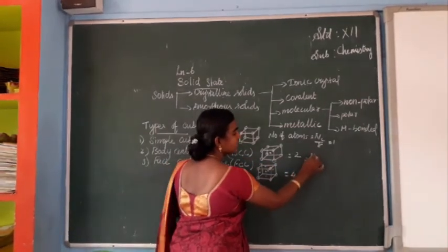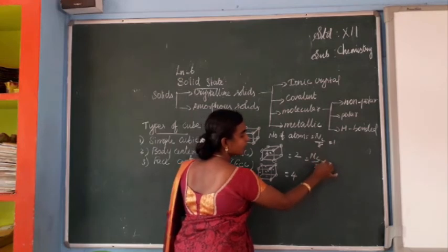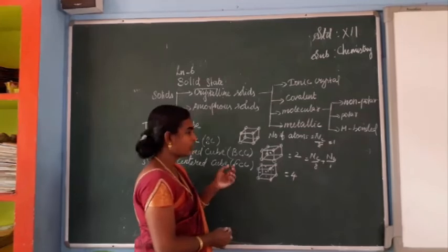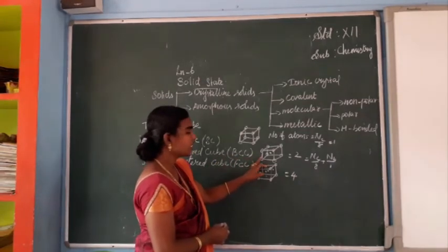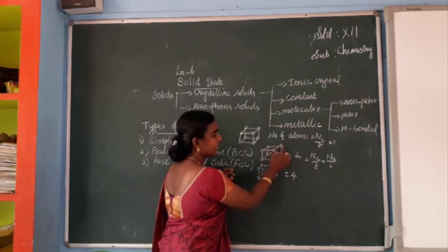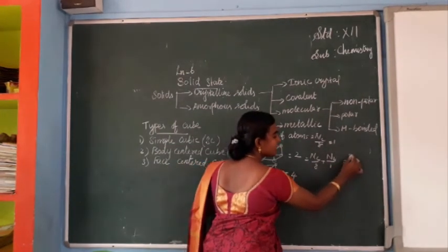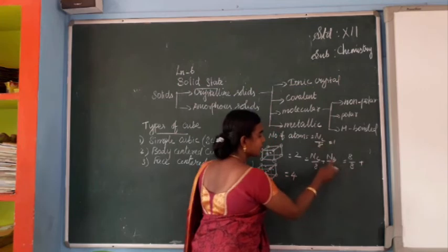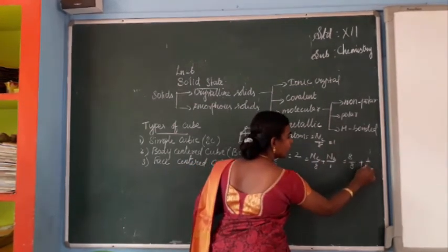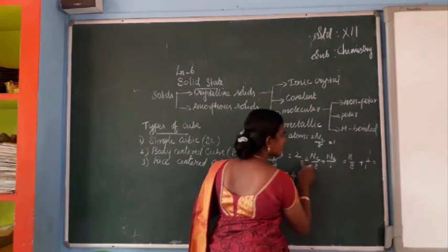It is Nc by 8 plus Nb by 1. The number of corners in body-centered is 1, 2, 3, 4, 5, 6, 7, 8. So it is 8 divided by 8 plus number of body centers 1, so 1 by 1. So you are getting the value 2.